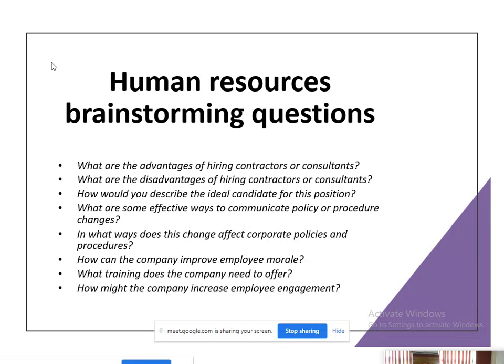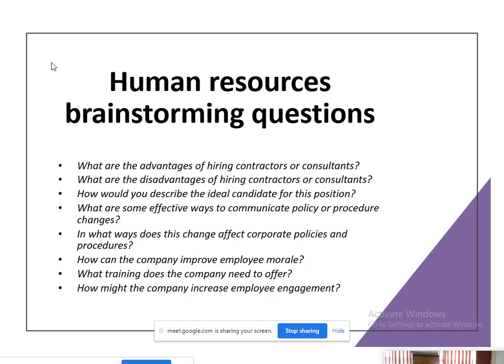Next, a few questions that arise in our mind are the human resource brainstorming questions. The first point is, what are the advantages of hiring contractors or consultants, and what are the disadvantages? We must see whether hiring any contractors or consultants is good or bad for the project or product. Is it okay to hire, or is it not okay?